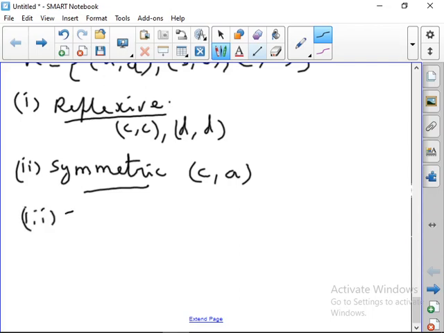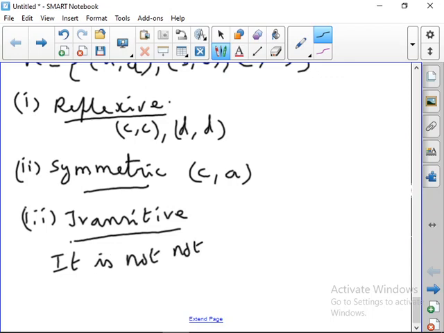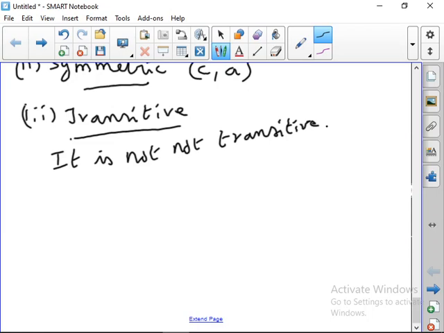Third one, transitive. For it to be transitive, what should be there? Okay, this is not transitive, because we cannot take any elements. We have (A,A), (B,B), (A,C), but there are no other elements of the form (C, something) to chain with (A,C).